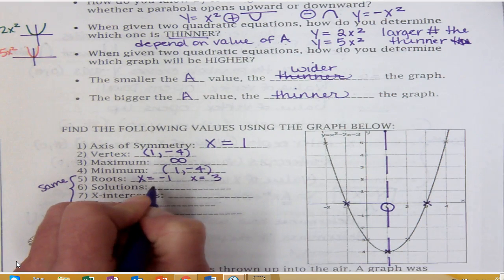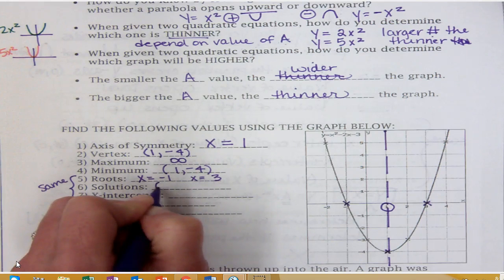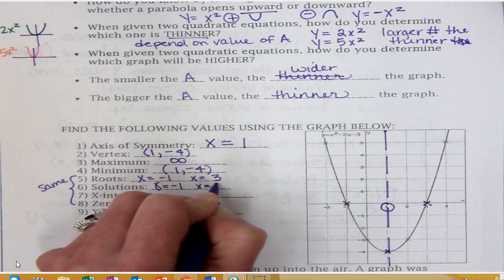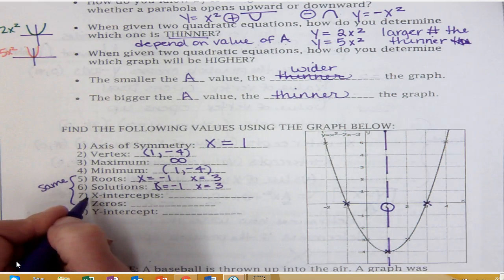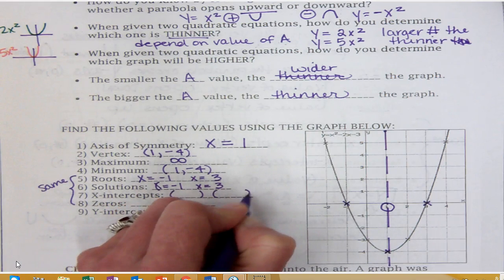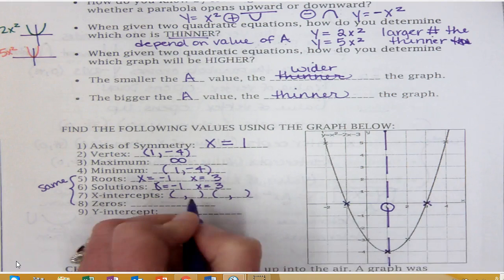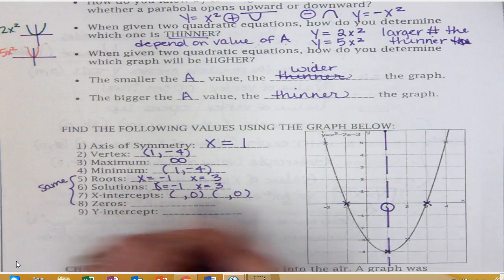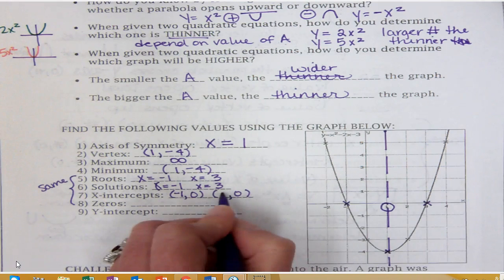The solutions are going to be x equals negative 1, x equals 3. The x-intercepts are going to be in ordered pair form. So since I know that y is always going to be 0 for my x-intercepts, I've got negative 1 here, and I've got 3 here.